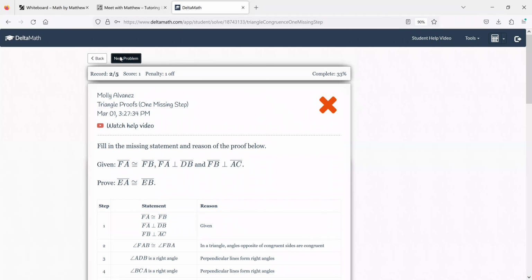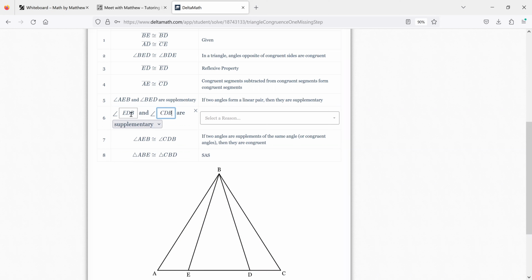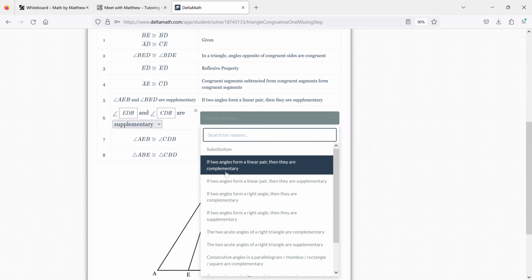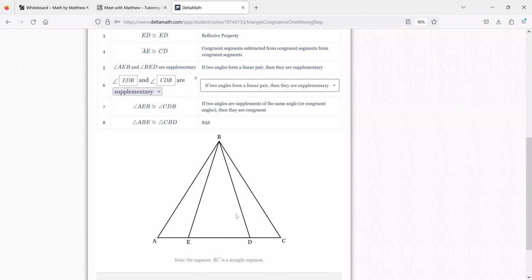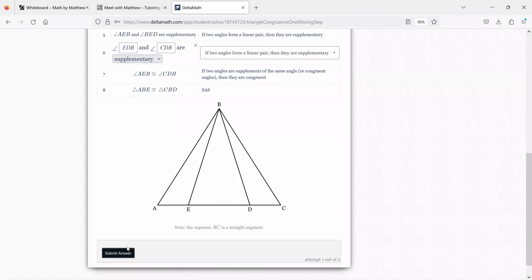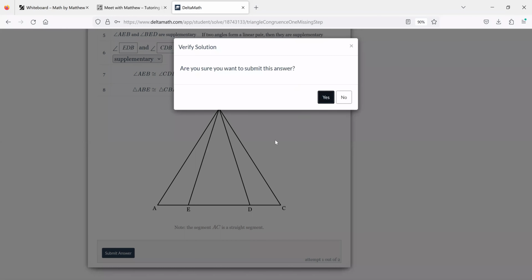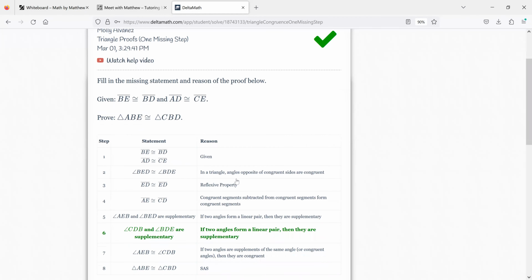And let's go EDB and CDB are supplementary. If two angles form a linear pair, then they are supplementary. So I guess they don't highlight it, but we're basically saying the same thing that's here in the picture on the bottom, now around angle D. Hopefully that's what it's looking for. There it is.